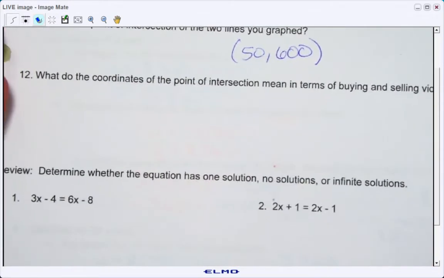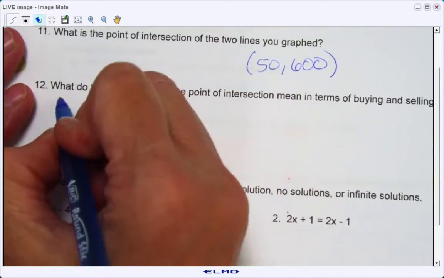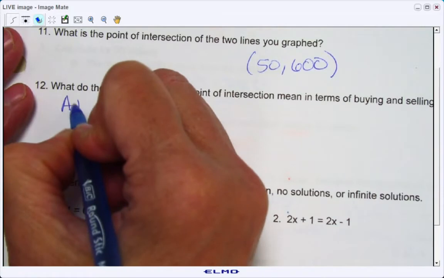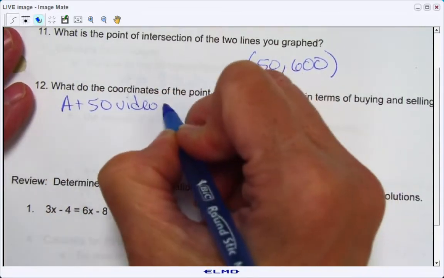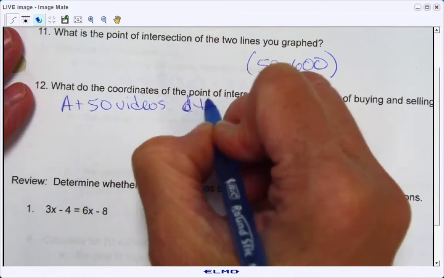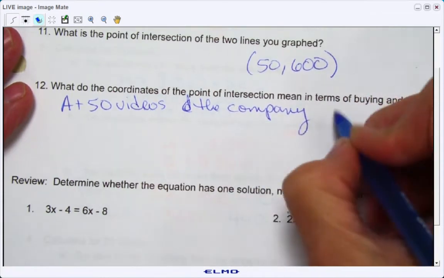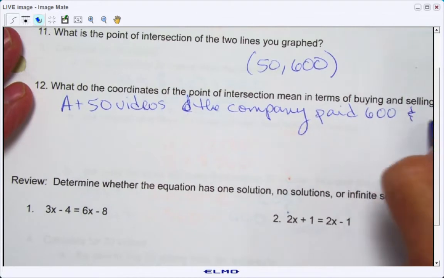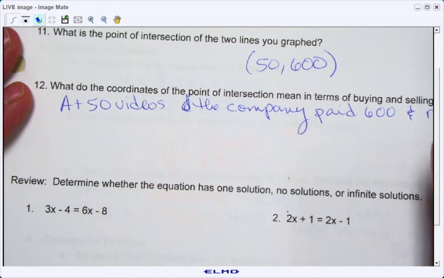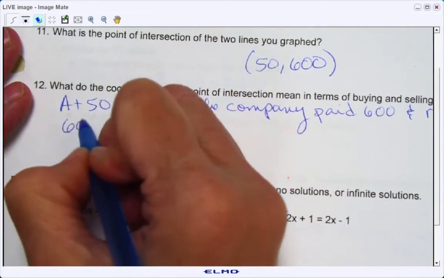Okay. What do the coordinates mean? Okay. So it means at 50 videos, the company paid $600 and received $600.